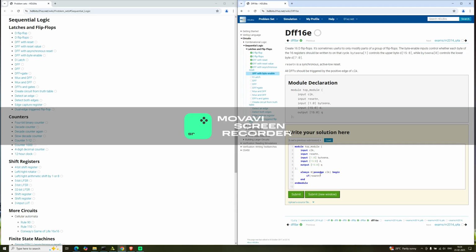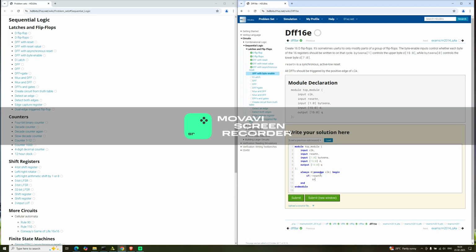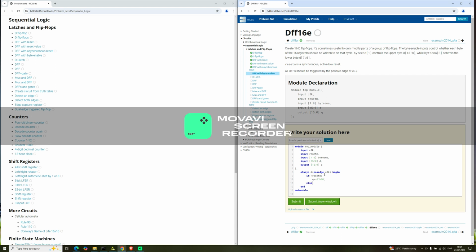So instead of having positive edge detection, we have to have a negation of a condition. Whenever reset is low, our reset condition will be satisfied, and we have to check the value of Q. It is not mentioned what the value of Q is on reset, so we are assuming it is 0.